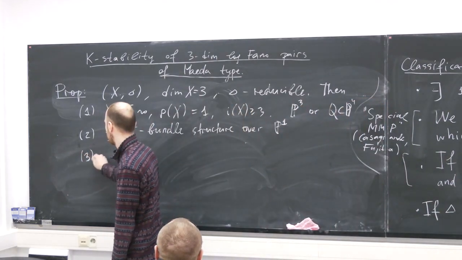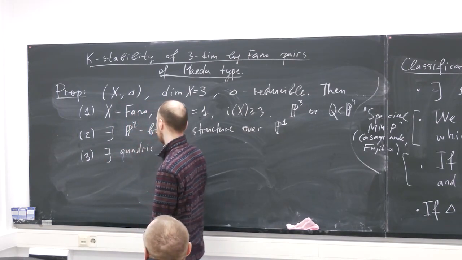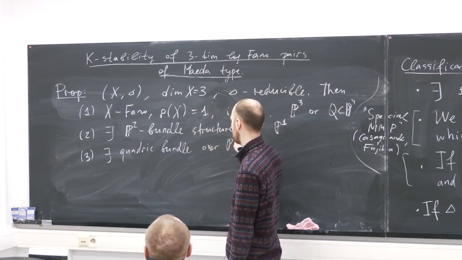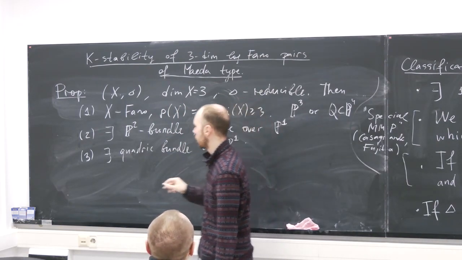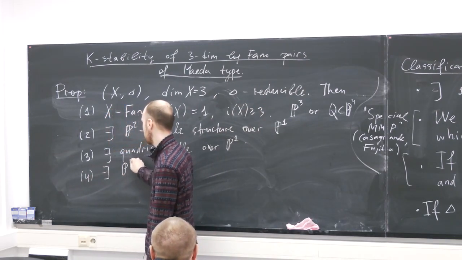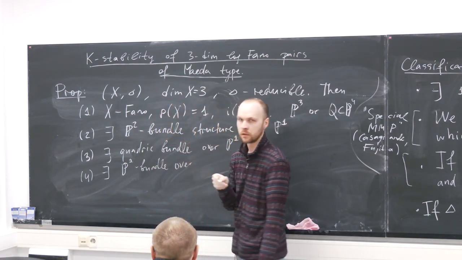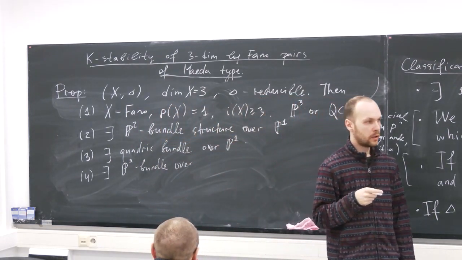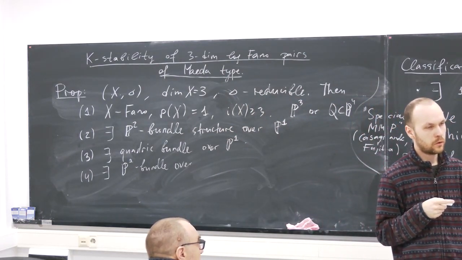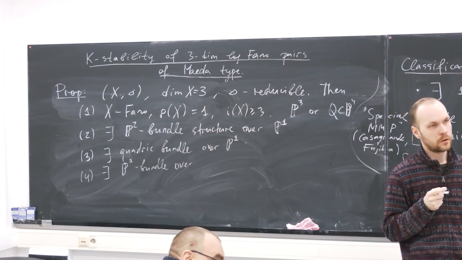The third possibility is that we have a quadric bundle structure over P1. When you say quadric bundle, you mean that all the fibers are either P1 times P1 or a cone over a conic.